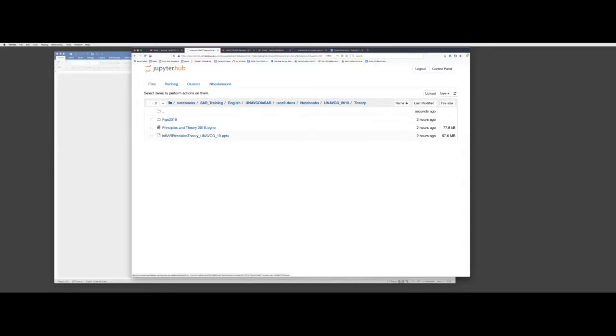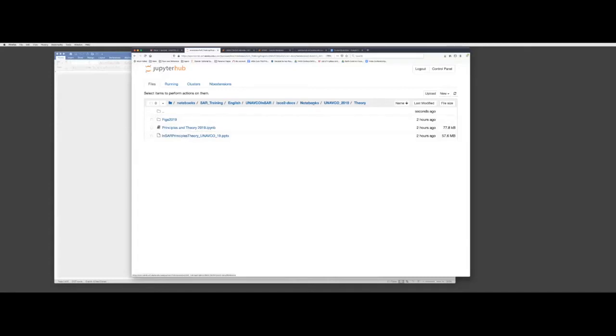Those notes were converted into a notebook, but in a very rudimentary fashion. It was simply taking screenshots, basically making images of the PowerPoint slides and putting them into a notebook. So it's really no different, except for a few equations that were added in various places. It's really very little different from the PowerPoint itself.